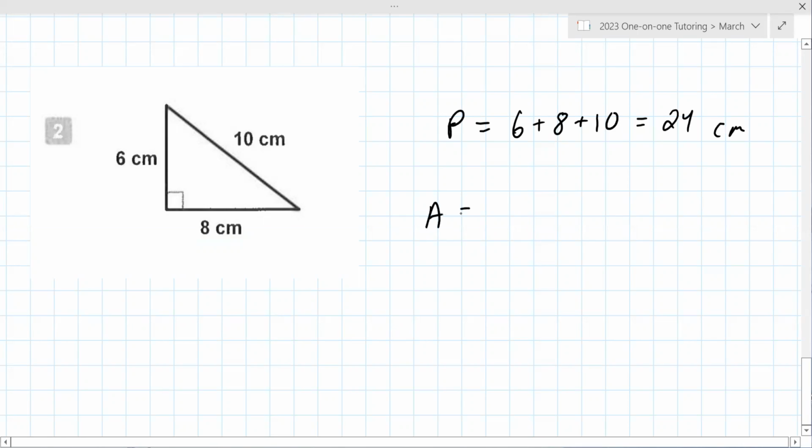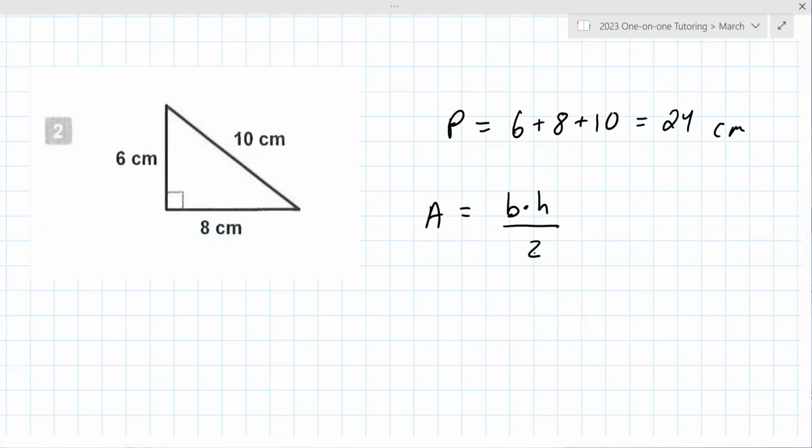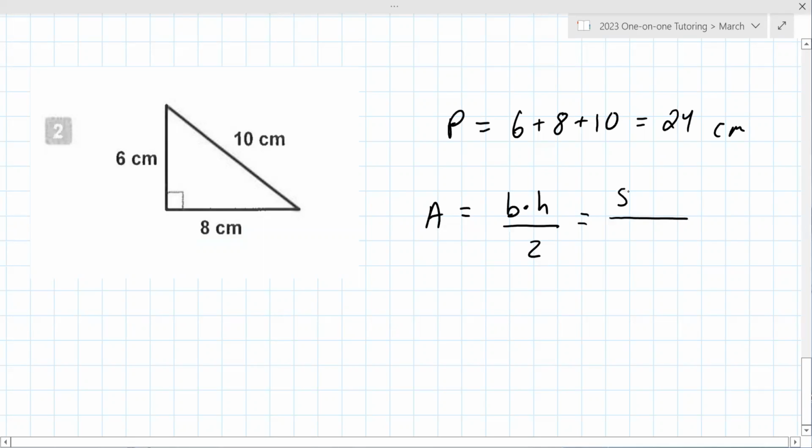Now the area of a triangle is a bit more difficult. It's the base times the height divided by 2. So base, which is 8 centimeters, times the height, which is 6 centimeters.